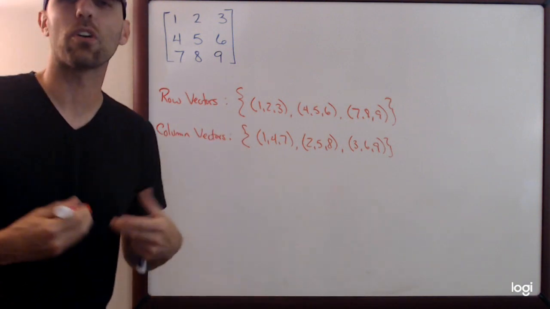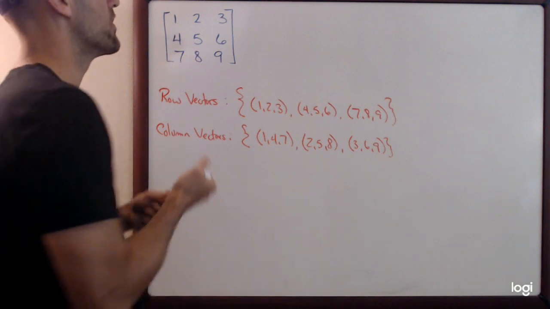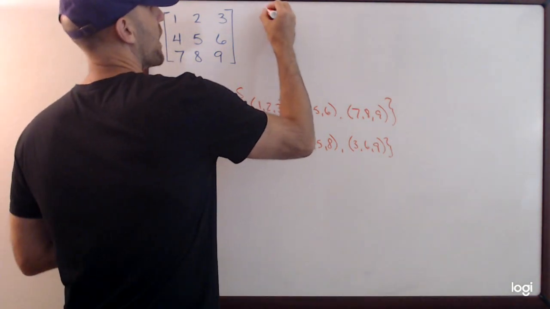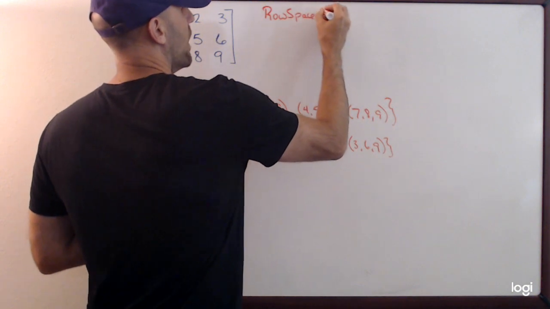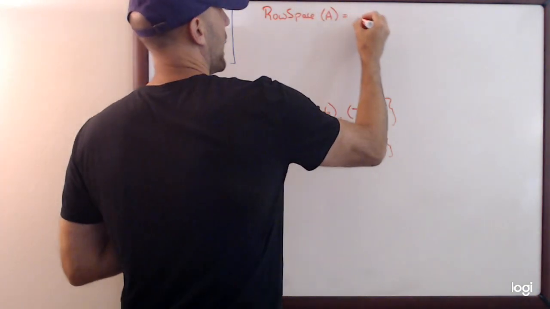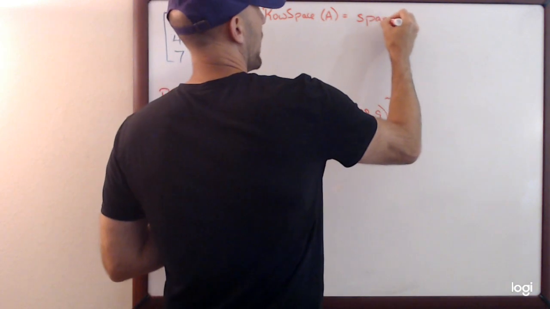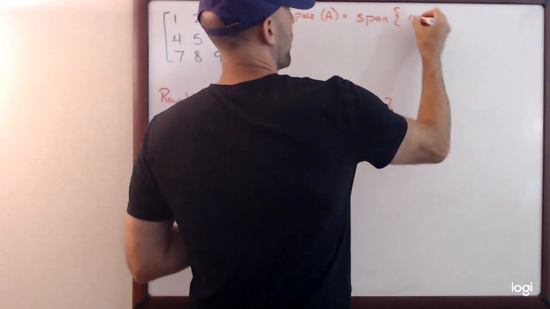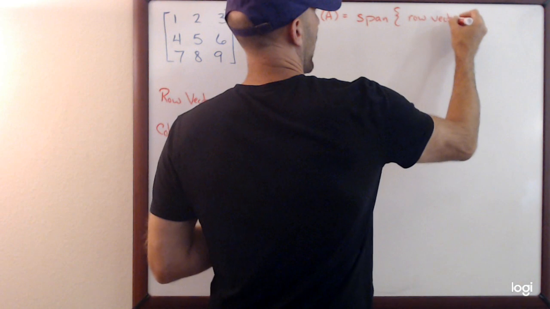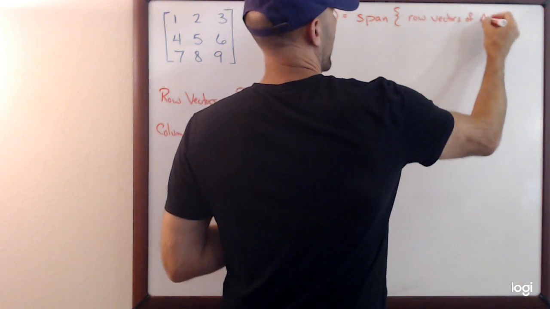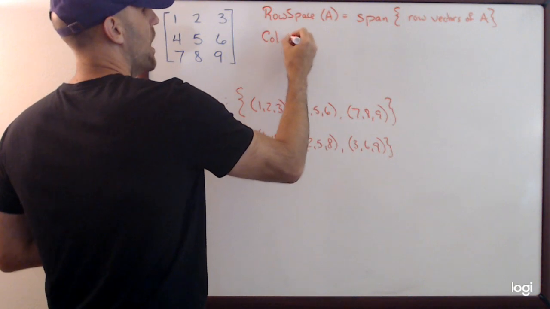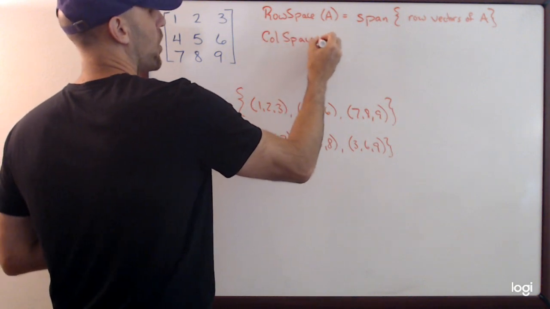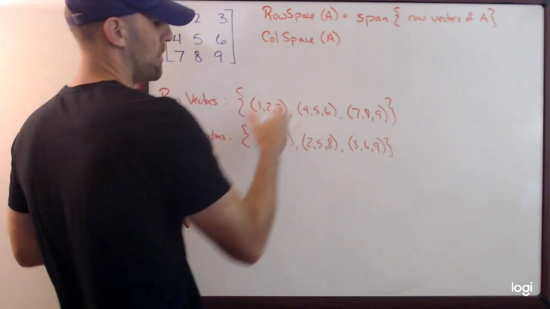And these things are called the row space and the column space. So the row space of some matrix A is the span of the row vectors of A. And similarly defined for the column space, which we typically write as col space, just because column is a bit long.